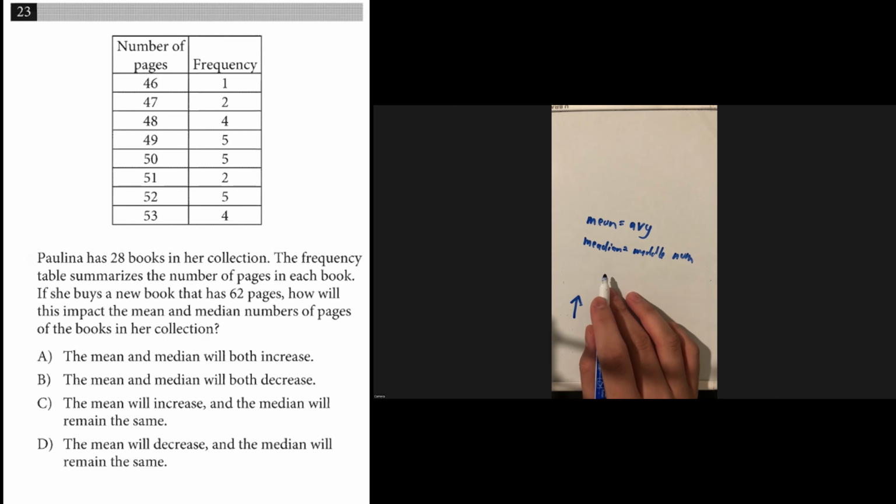Once we add up all the frequencies, we can see that even if we were to add another frequency after 53, in this case for 62, the middle number would still not change. It would still be the same. And so the correct answer here would be C. The mean will increase, but the median will stay the same.